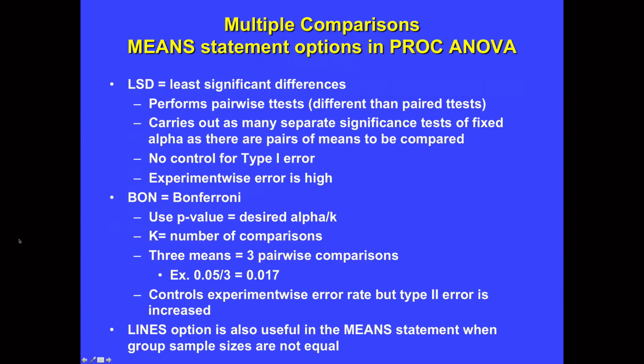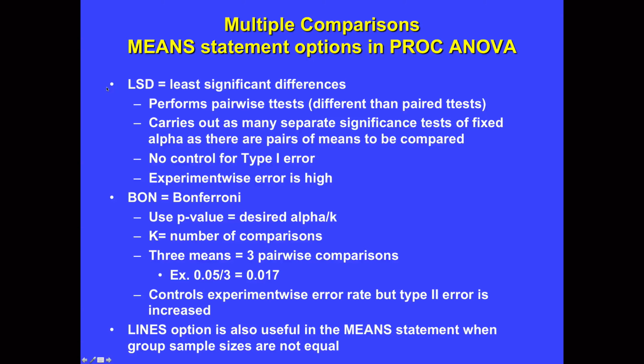As I mentioned, there are also some approaches and options that can be used within the mean statement that will allow you to get multiple pairwise comparisons within the groups of your explanatory variable. And you can also adjust for multiple comparisons within that context using a number of different options. I'm really going to demonstrate and talk about two key options.